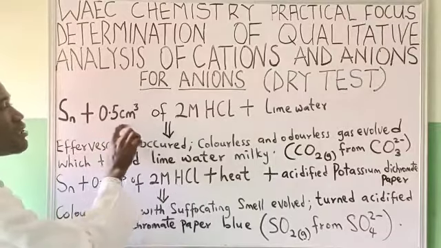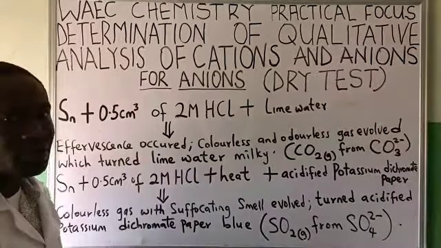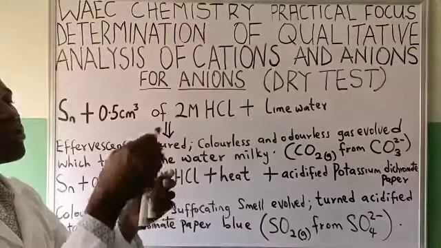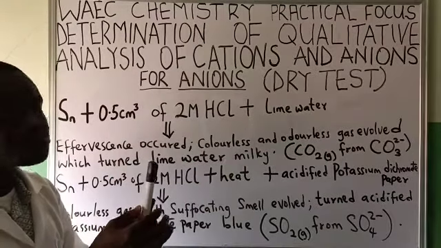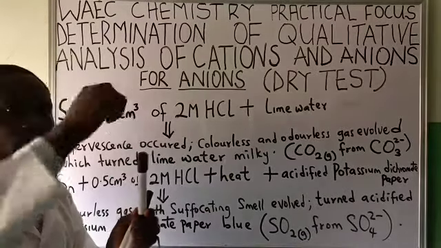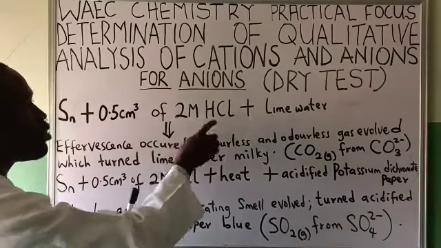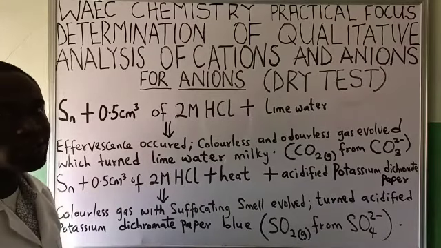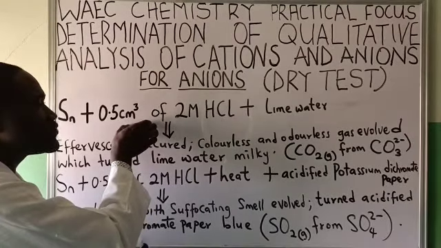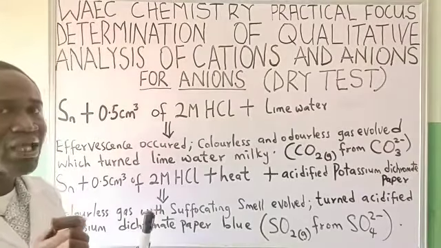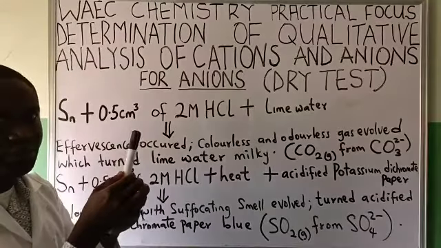It doesn't necessarily mean that you'll be measuring 0.5 cm cube. Just get your dry salt sample, just put few drops of 2 molar HCl inside it. Now, while you are trying to test for this carbonate, it's very important that you be very observant.